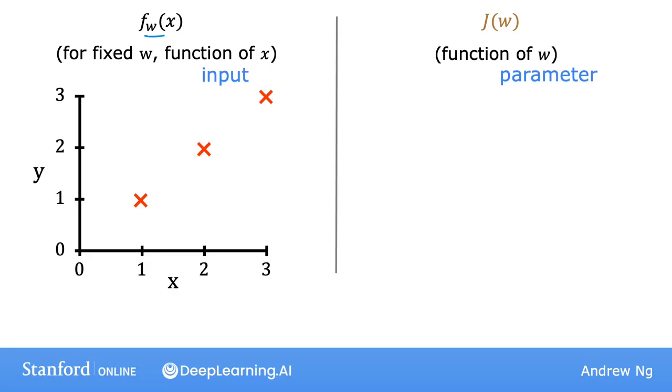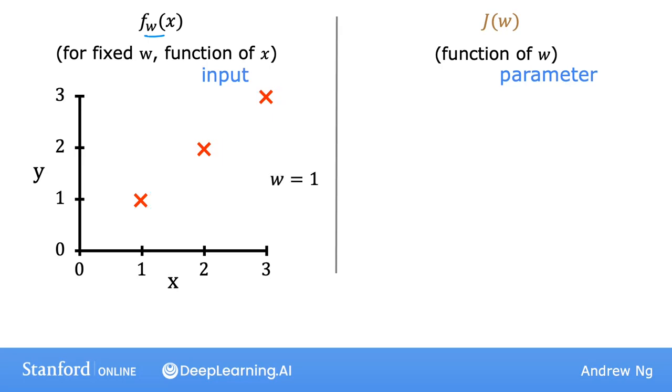We'll start with the model, that is the function f_w of x on the left. Here, the input feature x is on the horizontal axis, and the output value y is on the vertical axis. Here's a plot of 3 points representing the training set at positions (1, 1), (2, 2), and (3, 3). Let's pick a value for w, say w is 1.